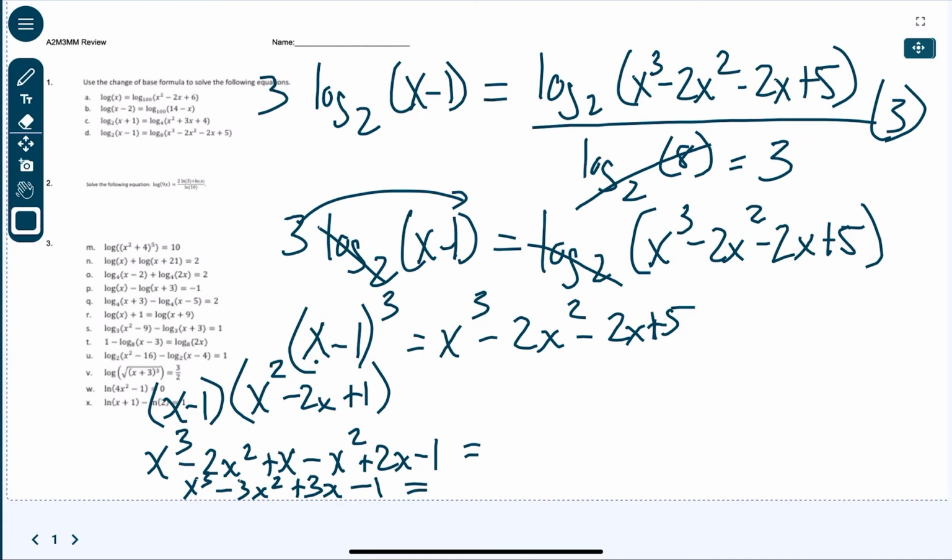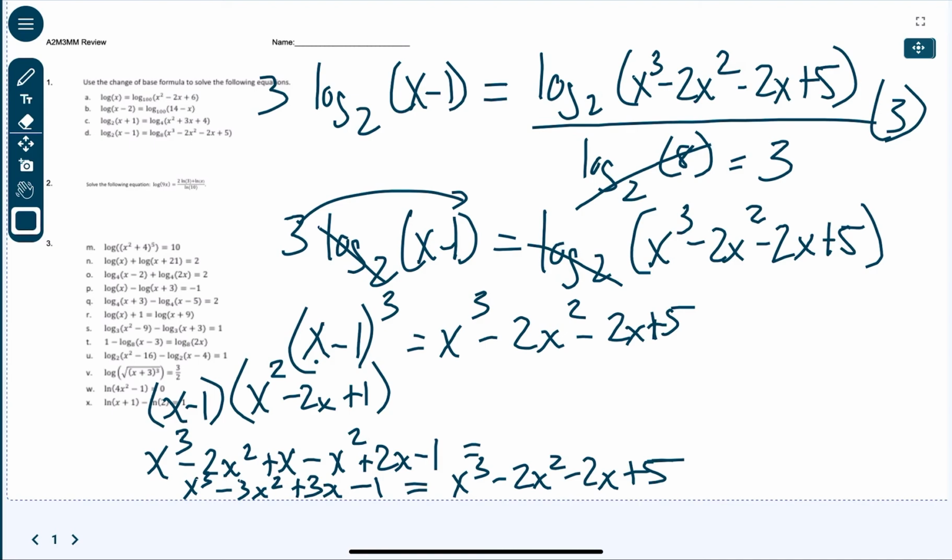And all of that equals x cubed minus 2x squared minus 2x plus 5. And let's just look and see which way we want to move these two. I'm going to want my leading coefficient to be positive, so I'm going to move the left side to the right.